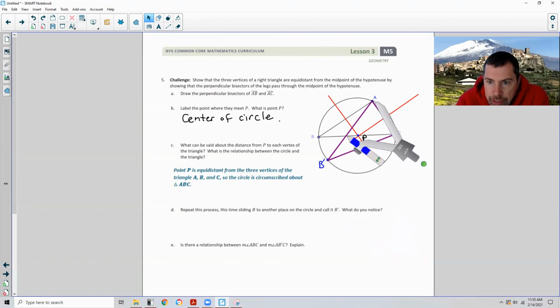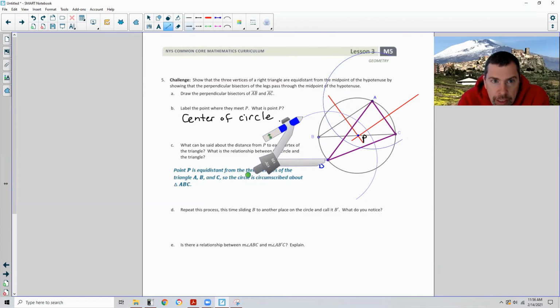In order to do that, I put my compass at A, open it wider than halfway, and draw an arc. Move it to B prime, and repeat. Where those two points intersect will give me a perpendicular bisector.